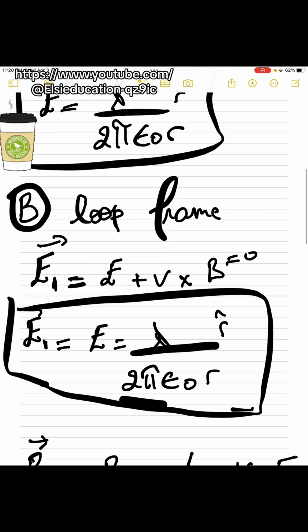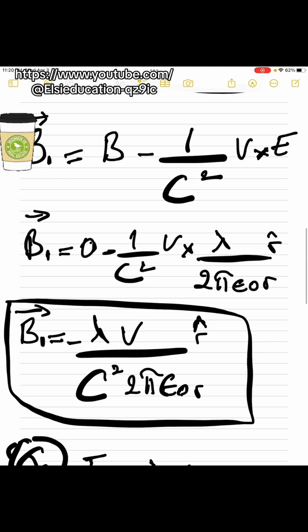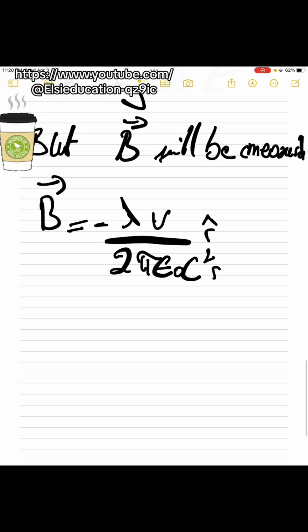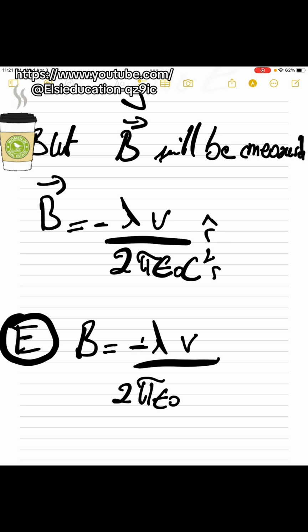Question number E. Show that your fields of part B and D are the same. Okay, so part B is, hold on, let me put it this way. Part B is minus linear density multiplied by the speed divided by 2 pi constant c square multiplied by the distance divided by the radius.